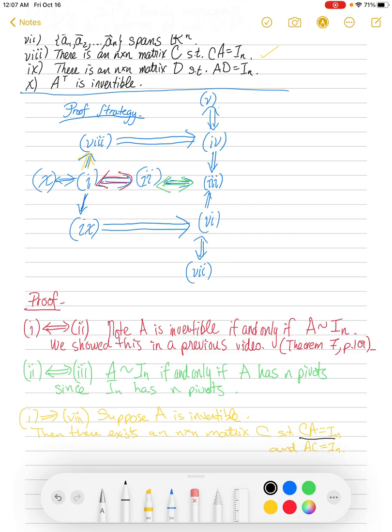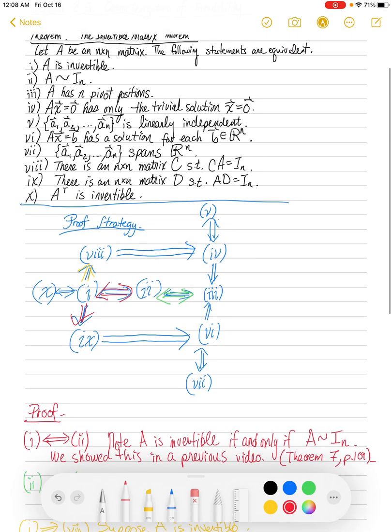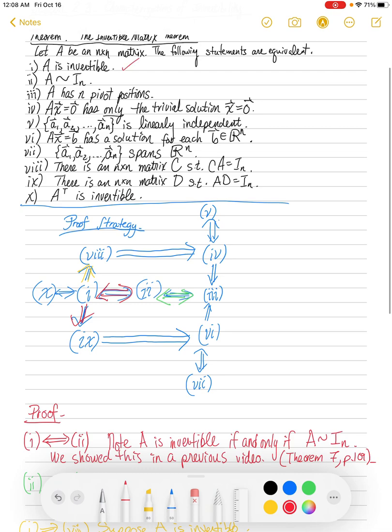Okay, what else do we want to do? We got 1 implies 8. Let's do 1 implies 9. Where's 1 implies 9? I don't want to get rid of that. Okay, 1 implies 9. I'm checking them off as I go along. So this arrow right here, 1 implies 9.